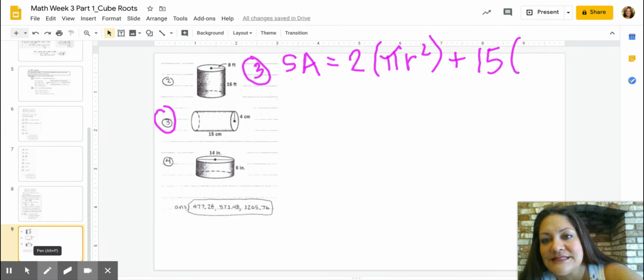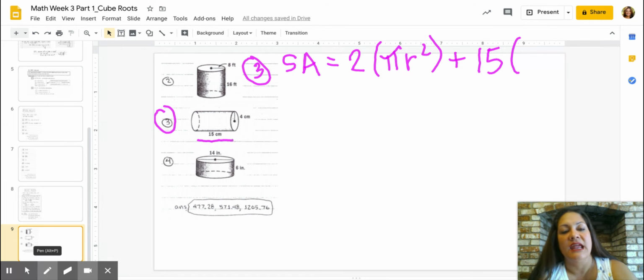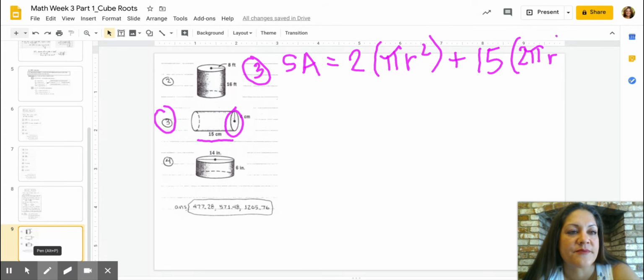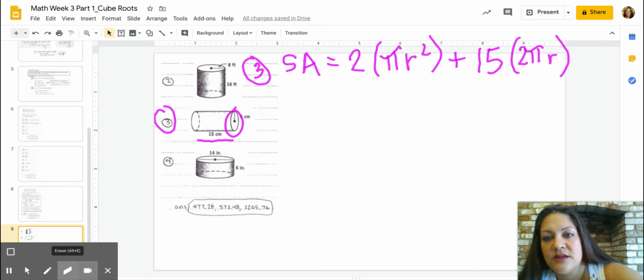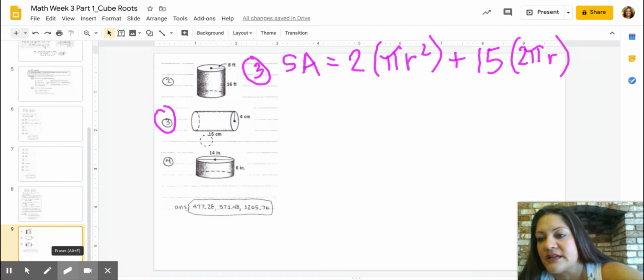Okay, you'll see it's the sideways height here, and we need the circumference of the circle, which is 2 pi r. Okay, oh, and I just drew over what my radius is. There we go, it's 4.